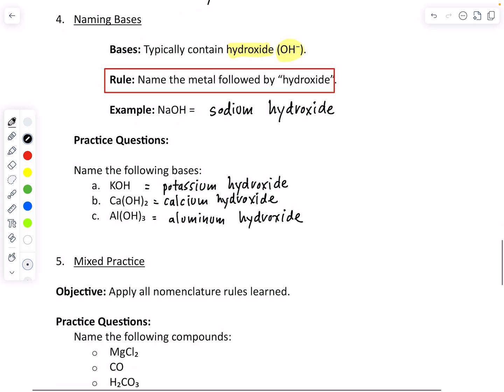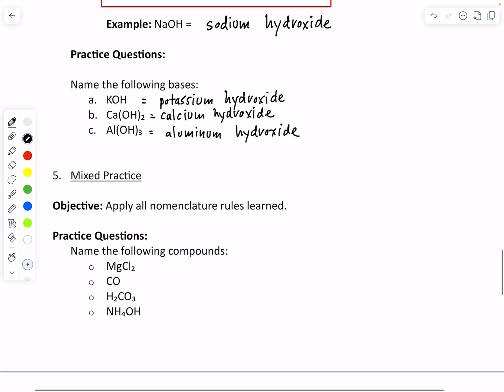Let's do some mixed practice. First example, we have a metal and a nonmetal. This is a binary ionic compound. So this is magnesium chloride. Here we have two nonmetals, so we're going to use the prefix method.